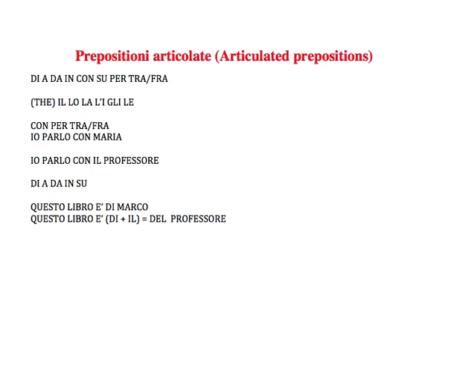Let's say io do un fiore a Maria. Again, I gave a flower to Maria, or I gave Maria a flower. In this case, a Maria, you see, you don't have an article, so it's fine like this.